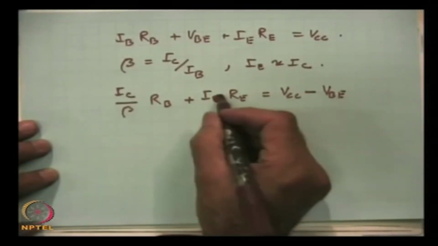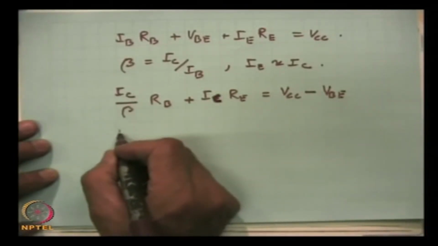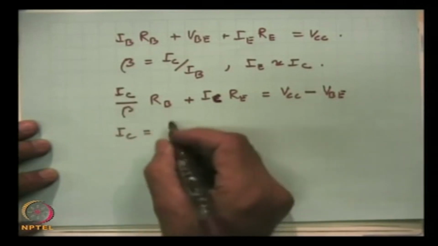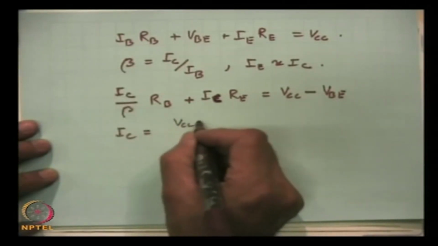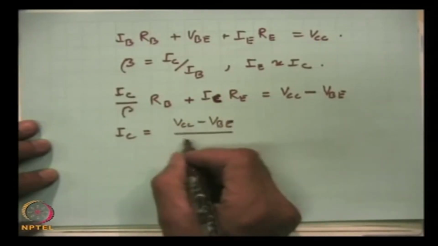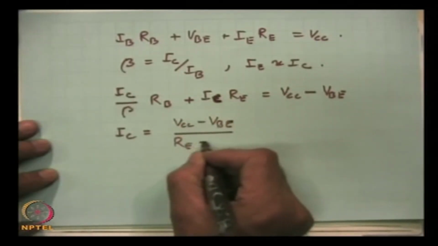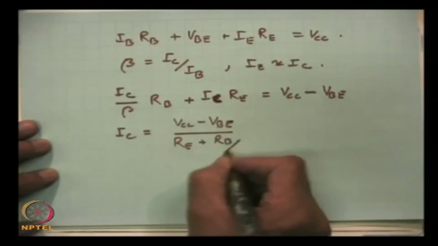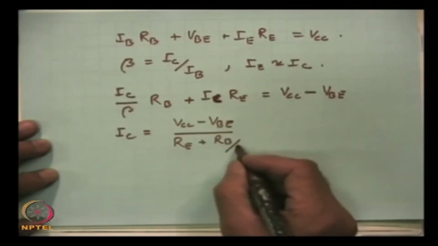From here we can write IC equal to VCC minus VBE, by RE plus RB by beta.